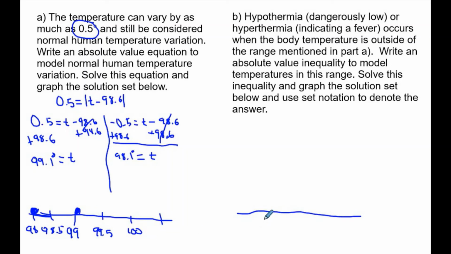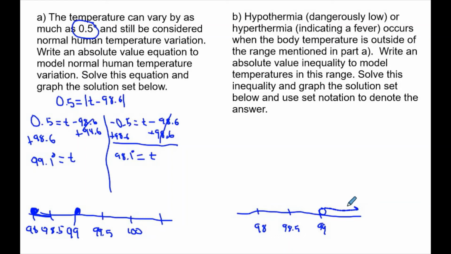If I take a look at this visual that I have over here, 98, 98.5, 99, 99.5. If I take 99.1, I'm going to use an open circle because remember 99.1 is considered acceptable.